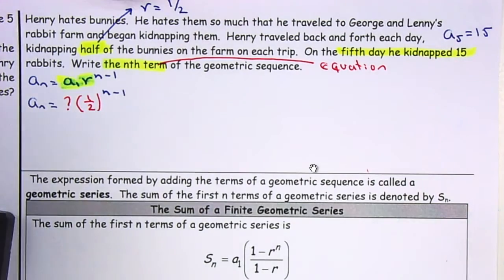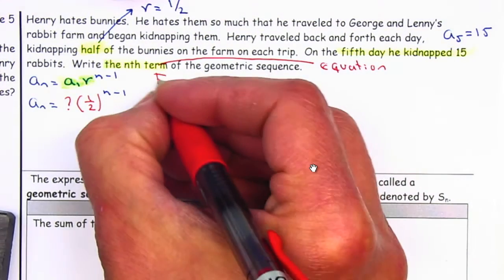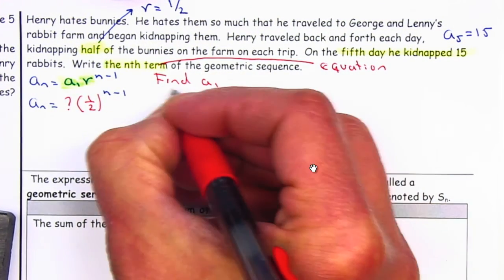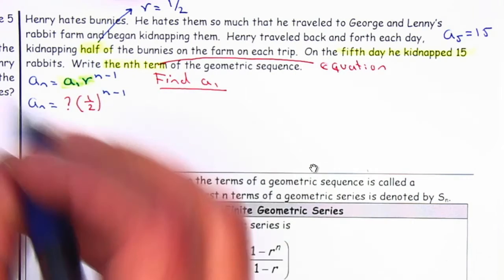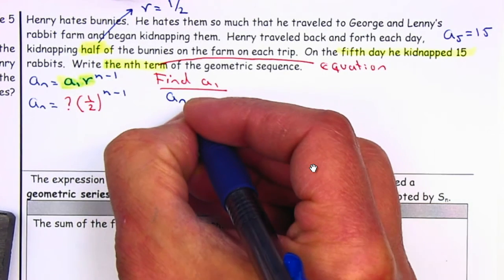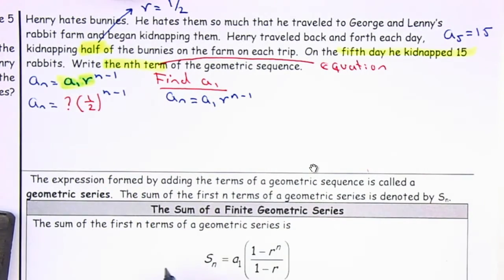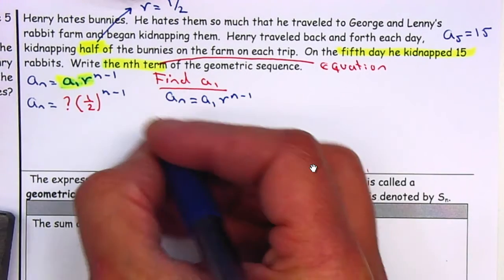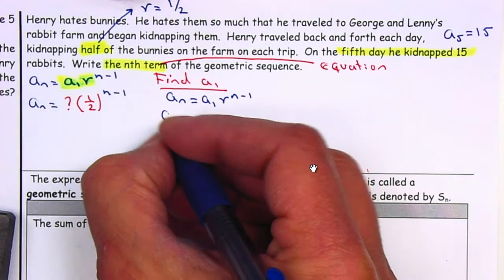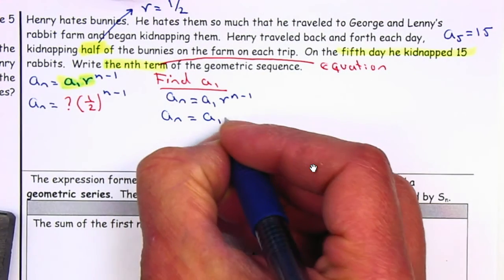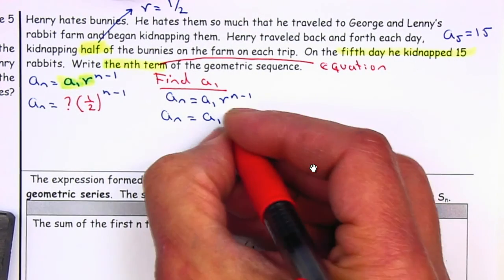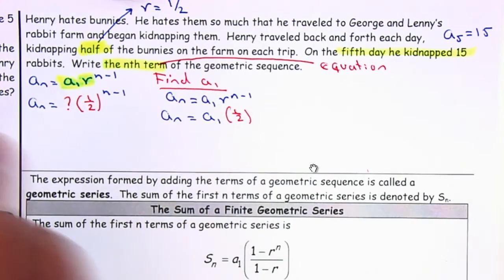So I need to find a sub 1. To find a sub 1, I'm going to use the same equation, the nth term, a sub 1 r to the n minus 1. And now I'll plug in everything that they give me. They tell me that the ratio is 1/2, so let me plug it in, to the power of n minus 1.